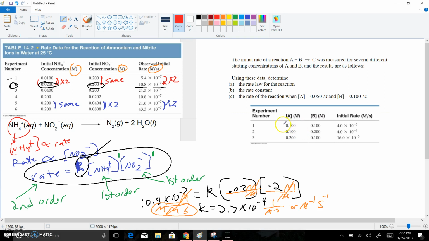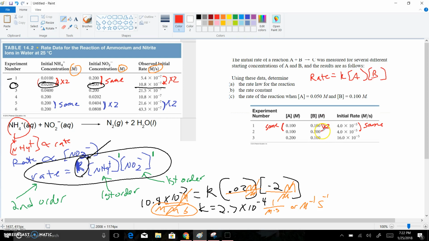So that's when you want to look. This is the same, same. And this here is doubled, times 2. And this, it doesn't double, it stays the same. So according to my rate law, the rate is equal to K times A to the something and B to the something.